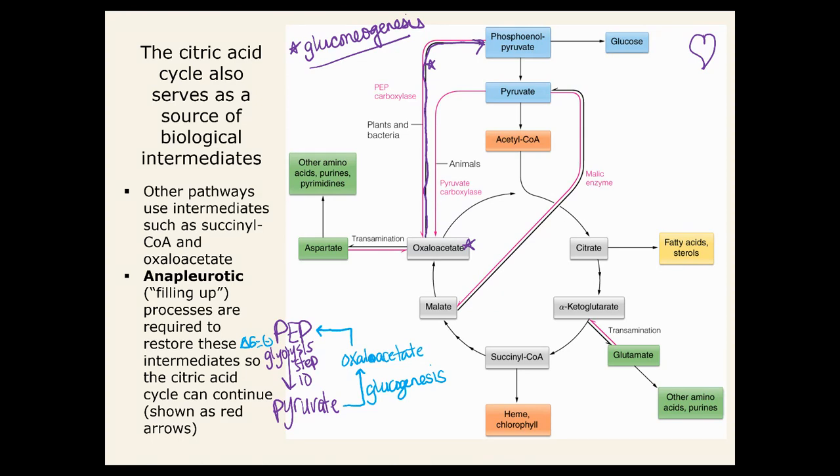Now, why is this so important? Oh, I spelled that a little wrong, sorry, but okay. This is important because later when we talk about situations where you haven't eaten for a long time, your body's not going to care about getting energy for your muscles. It's going to want to preserve your blood sugar levels and your brain.